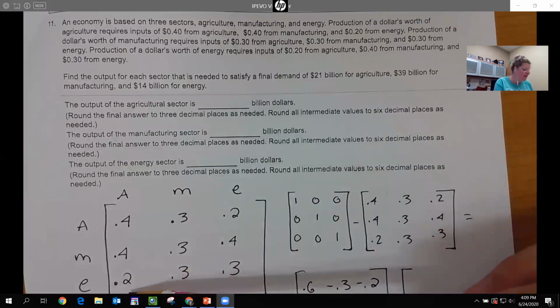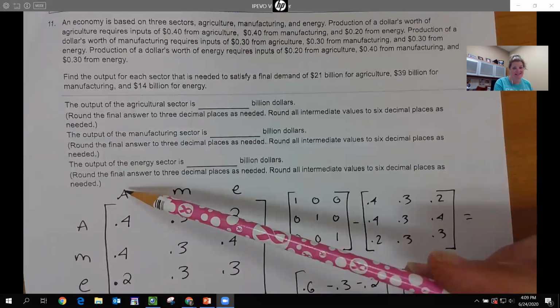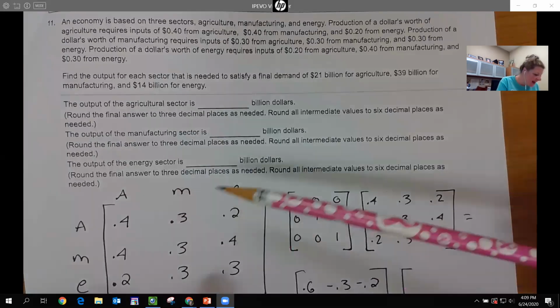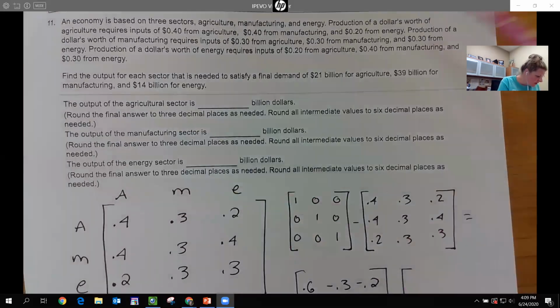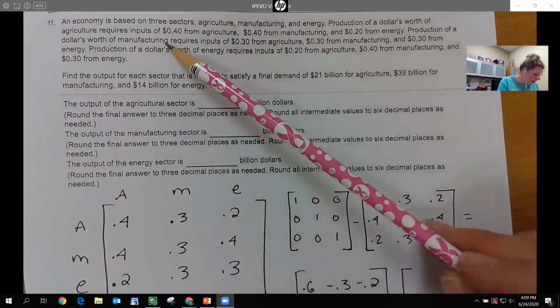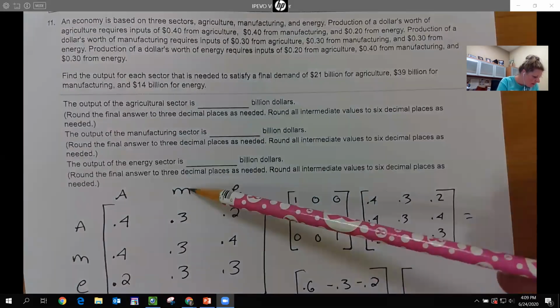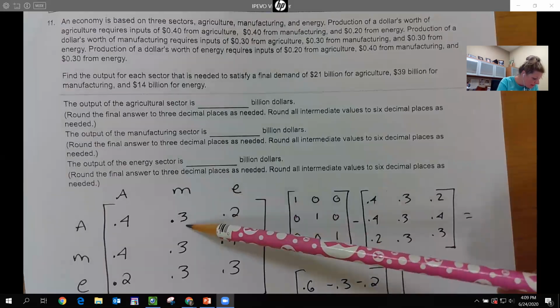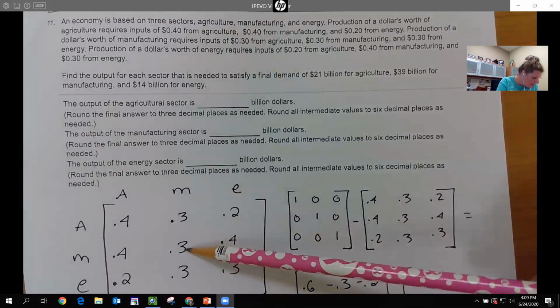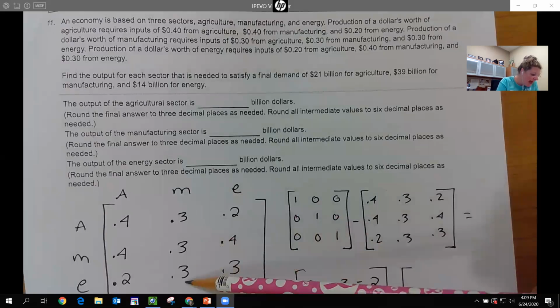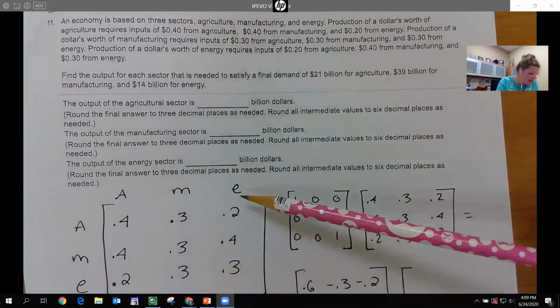All of these are giving us $1 of this, okay? Then the next row says a production of $1 worth of manufacturing requires, so we're getting out the manufacturing, it requires 30 cents from this one, 30 cents from this one, and 30 cents from this one. The last one would be energy, and we can see that there.